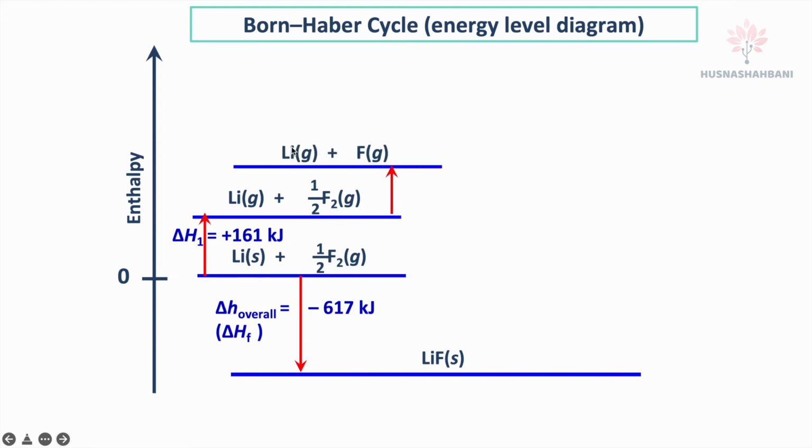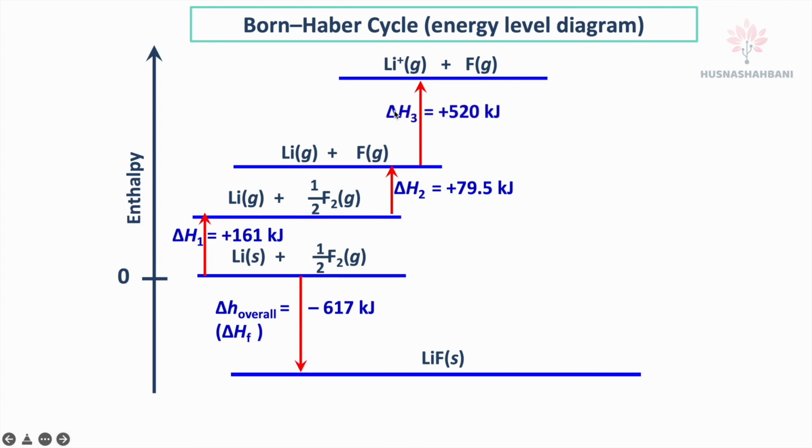Ionization energy is a positive value, an endothermic reaction, so the arrow points upwards, and this Li will become Li plus gas. We didn't do anything for F, so just copy back and write down the ionization energy value. Delta H3 equals plus 520 kilojoules.